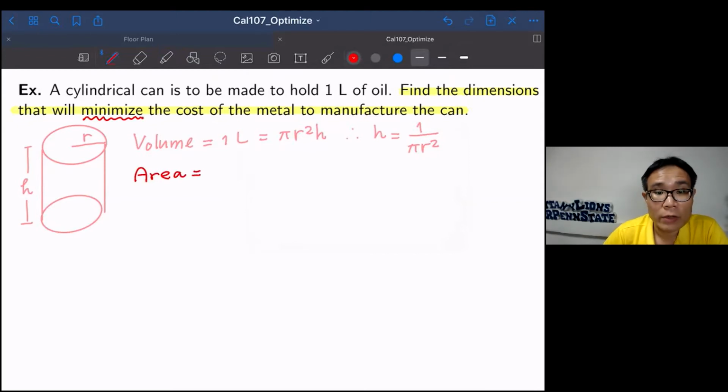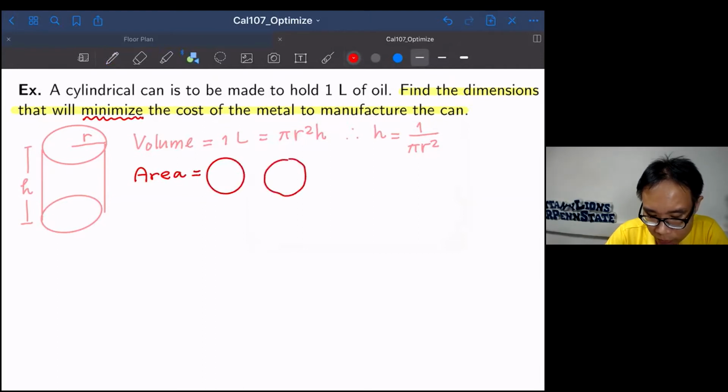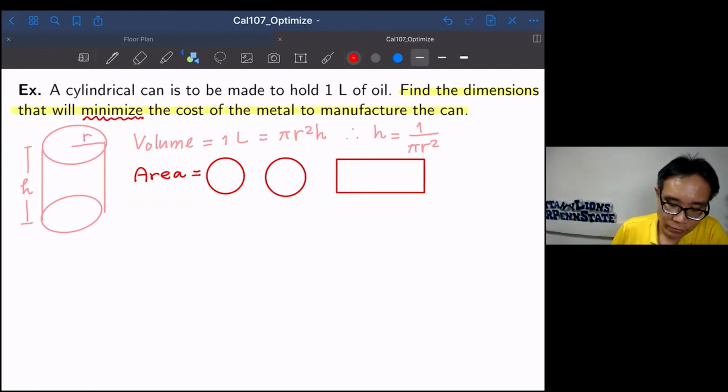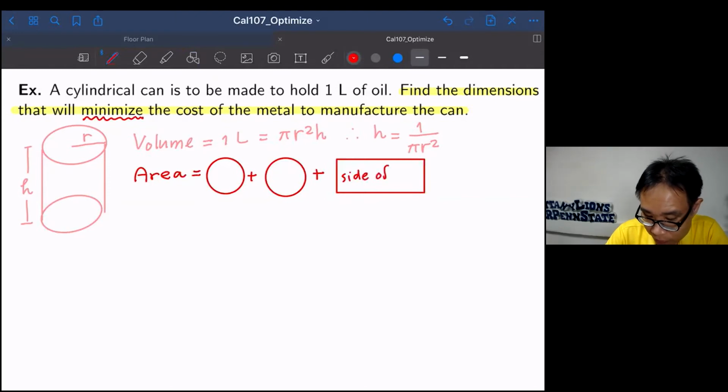The area is going to be the area of the lids of the can, so 2 circles, 2 lids in this case, and the side of the can, which is given by a rectangle. So you get the sum of 2 circles together with the side of the can.